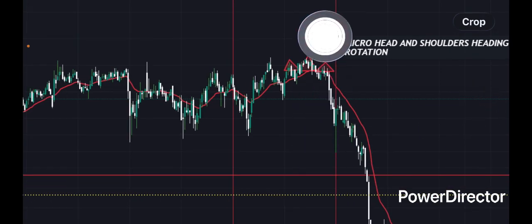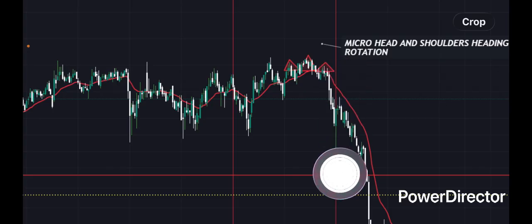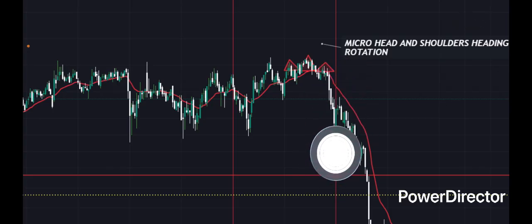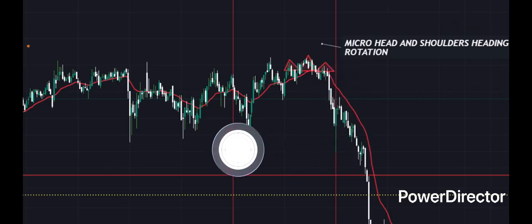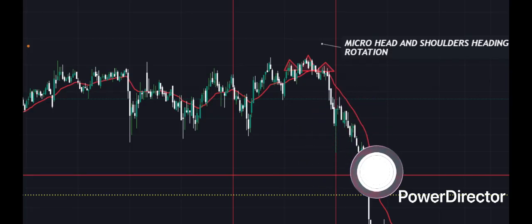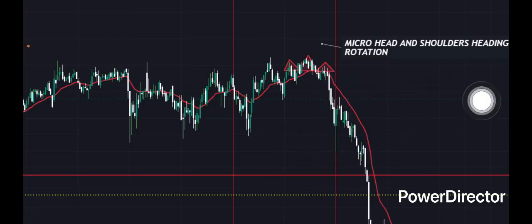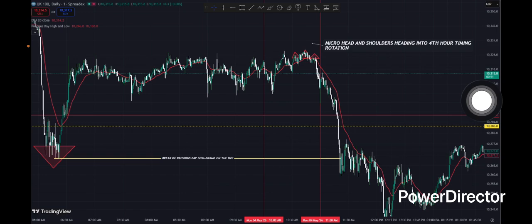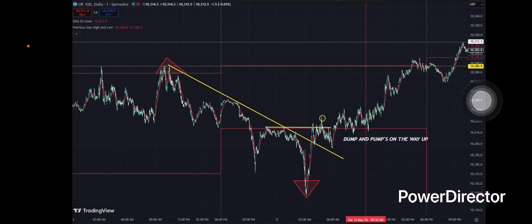And right here at 11 a.m., boom, you see that big green candle. That tail right there breaks through all of these levels, pumps back up into that EMA, rolls over and continues to trade lower.